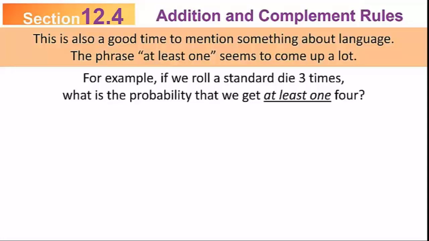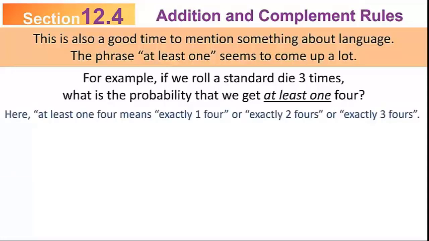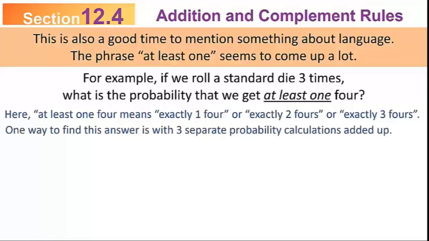At least 1 4. Well, think about it. At least 1 4 means you get exactly 1 4, or exactly 2 4s, or exactly 3 4s. That's what it means to have rolled at least 1 4 in the context of rolling the die 3 times. One way to answer this question is just to do 3 separate probability calculations and just add up the results.